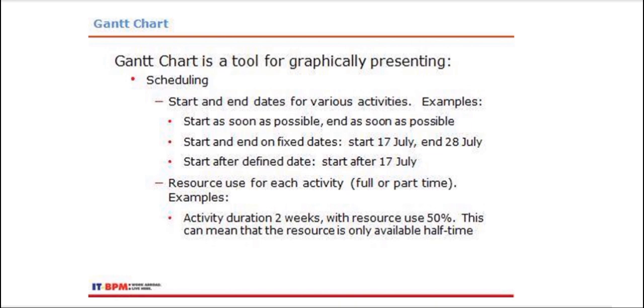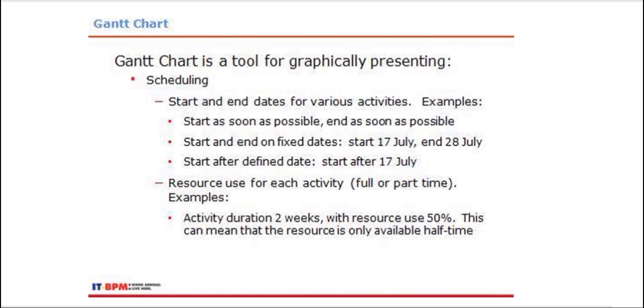It means the task begins immediately and finishes as early as possible. Another is start and end on fixed dates, like start on July 17 and end on July 28. Another is start after a defined date, like start after July 17.